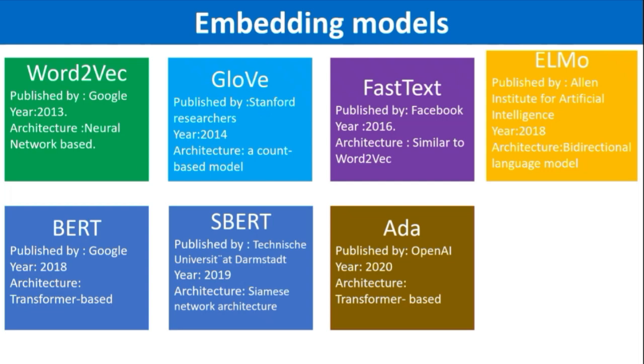The ADA embedding model is designed to address some of the limitations of traditional word embeddings, such as the inability to handle out of vocabulary words and the lack of sensitivity to morphological variations in words. ADA addresses these limitations by using a subword encoding scheme that breaks words down into smaller subword units and learns embeddings for those subword units instead of full words. ChatGPT uses this.